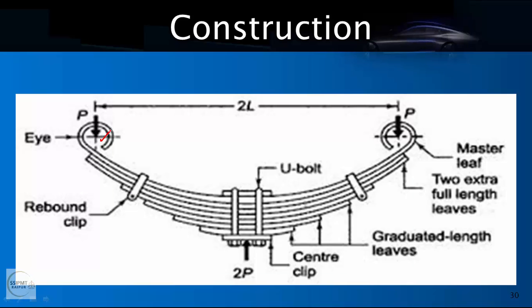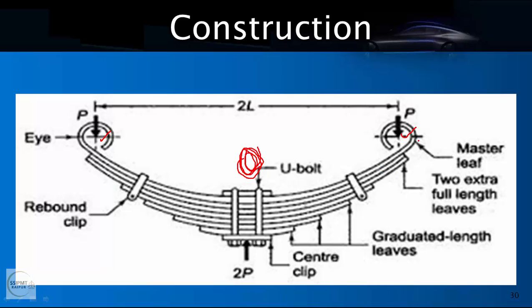These two points are known as eye of the spring. This is known as U-bolt, where the axle or shafts are mounted on the U-bolt.